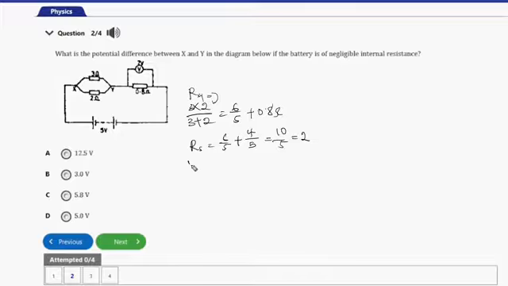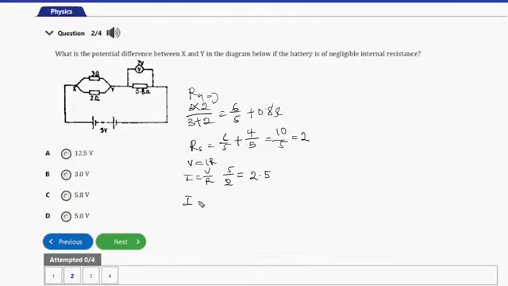We can now find the current using V is equal to IR. So I is equal to V over R, where V is 5 and R is 2. So 5 over 2 will give us 2.5.